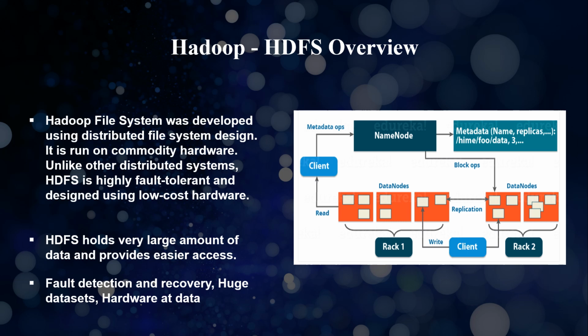The main concepts are that HDFS holds a very large amount of data and provides easier access, fault detection and recovery, and huge datasets. Hardware and data are the main basic components of HDFS.